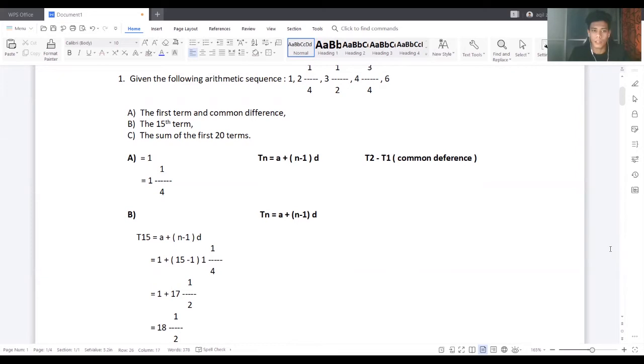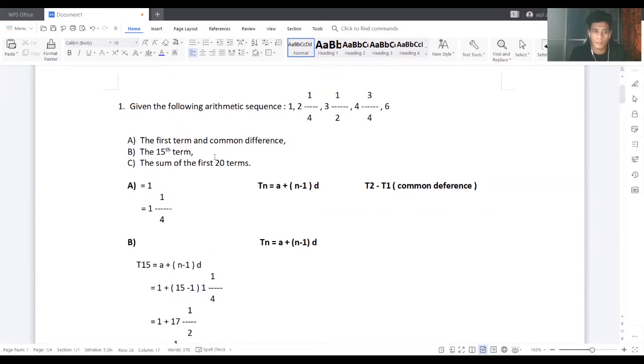Based on the question, we can use the formulas here that I just typed. This is the formula for the first term, and this is the formula for the common difference. For the first term, the question just asks for the first term, so there is nothing more to calculate.